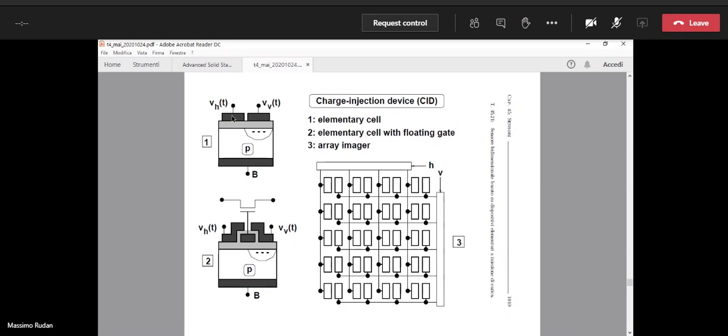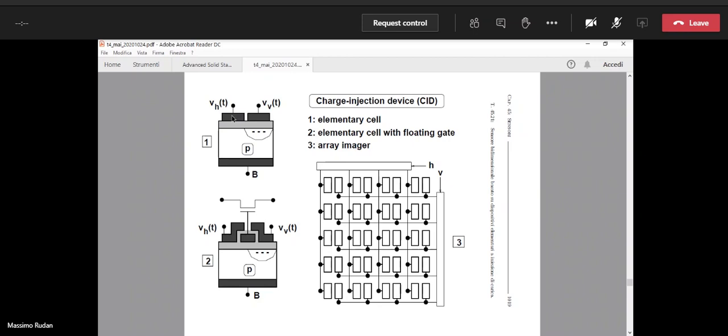So now assume that all gates are kept high. So we are integrating during the integration time a charge, and this charge will equally distribute under each pair of gates during the integration time.